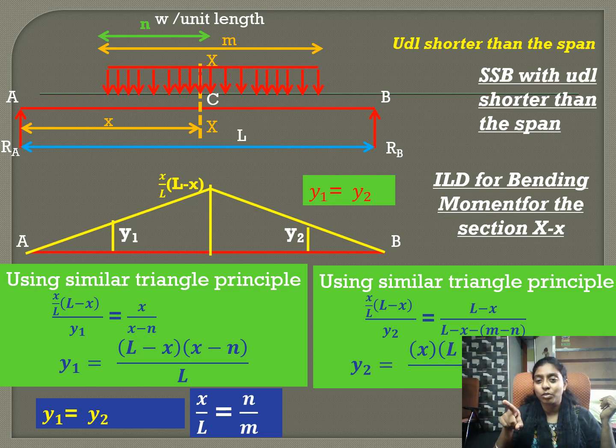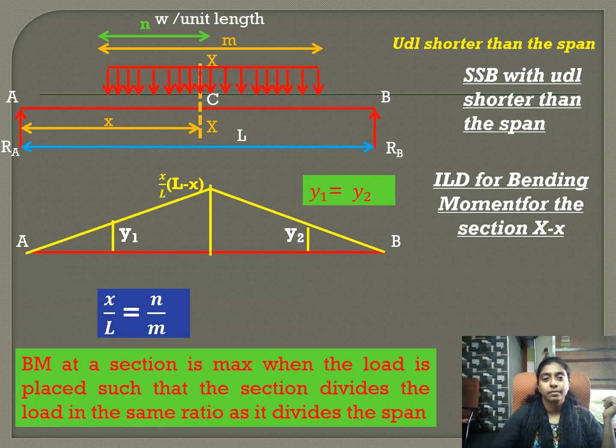Y1 is equal to Y2, and the condition for obtaining this is X by L is equal to N by M. So, using this, find N, substitute, find Y1 and Y2, substitute, find the maximum bending moment. So, bending moment at a section is maximum when the load is placed such that the section divides the load in the same ratio as it divides the span.